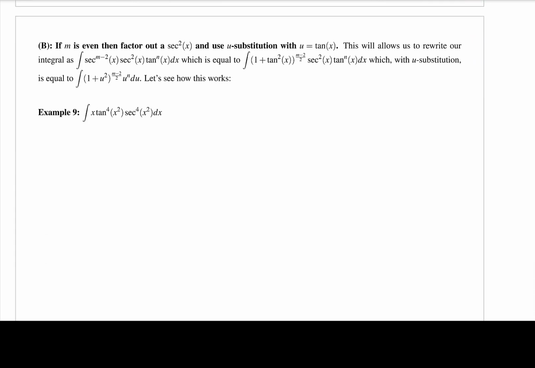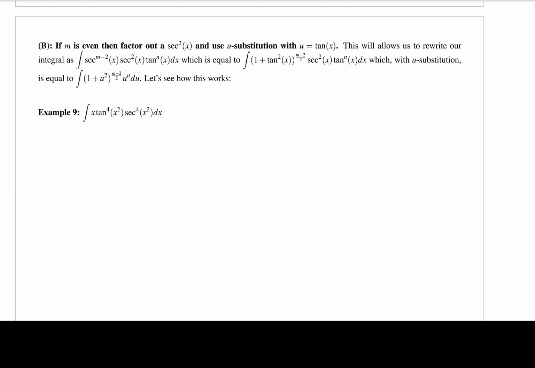And just like in our other part, if secant has an even power and tangent has an odd power, then you can use either one of these. Okay? So here we have secant with an even power. And so what it says to do is to factor out a secant squared of x.